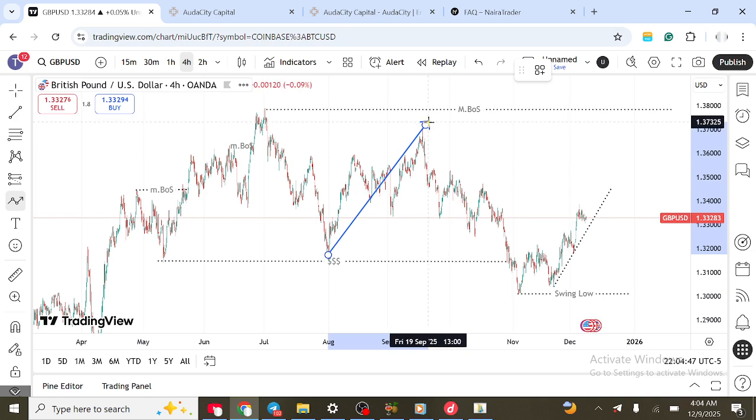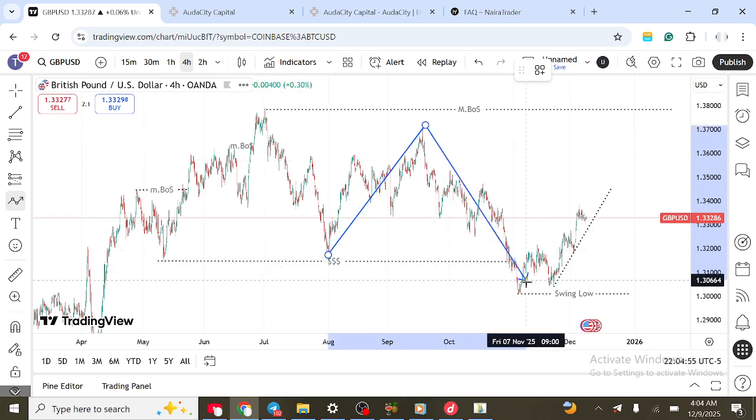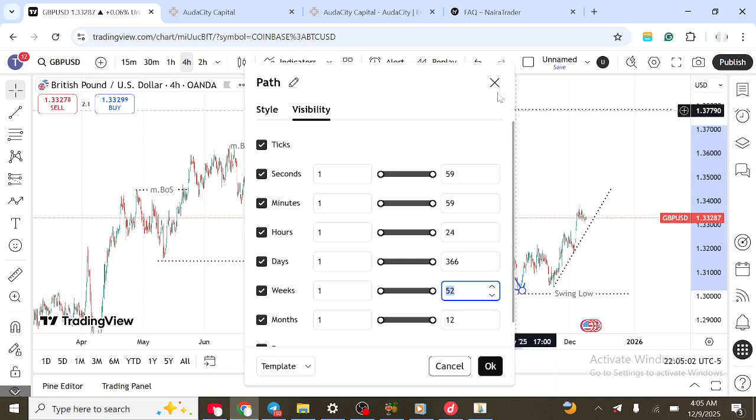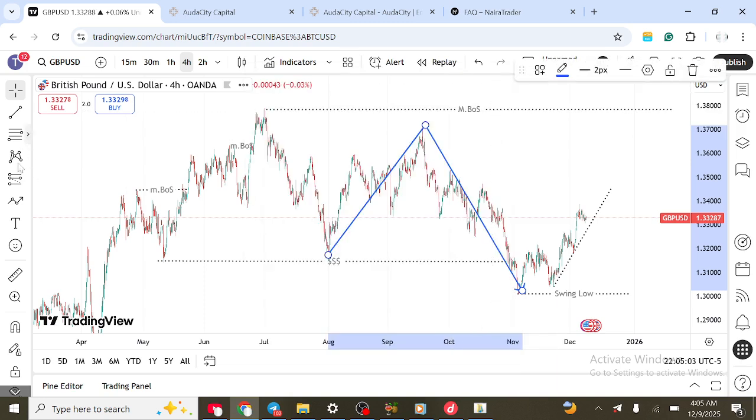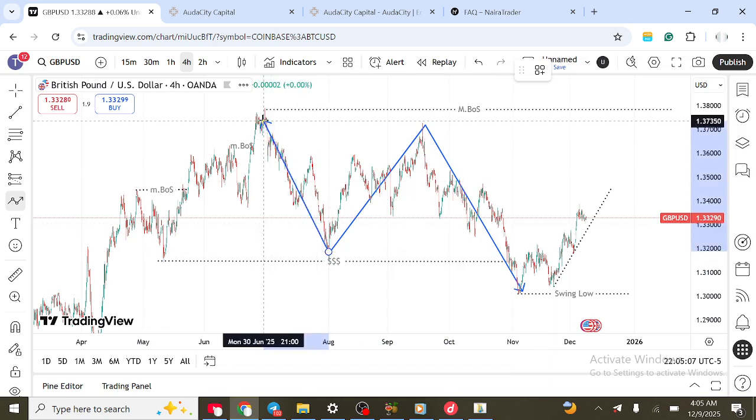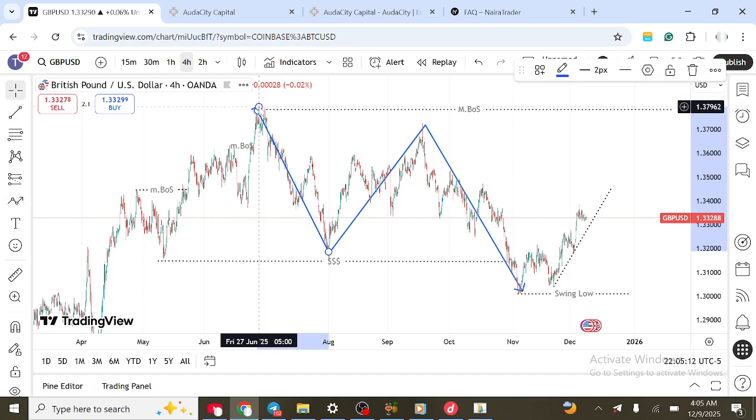But when it happens that the market does the opposite and comes back to break its own key level to the downside, that is when we have the type B liquidity concept. This is not the first time that I'm explaining this. So this is the type B liquidity concept that we have in the market.